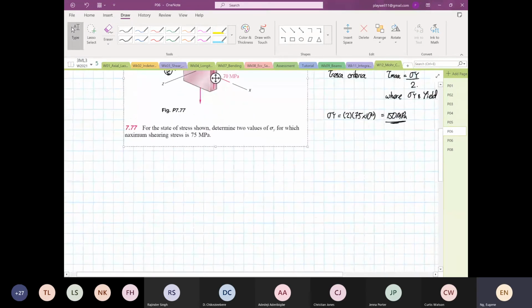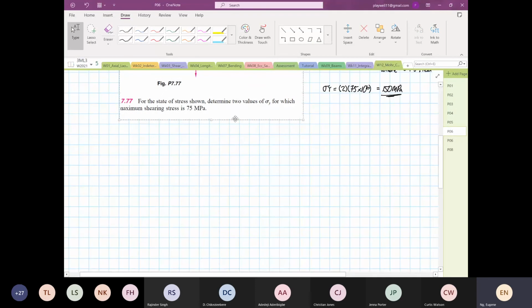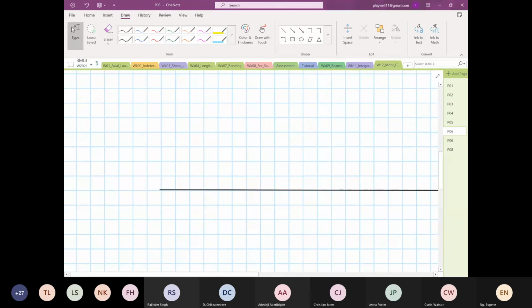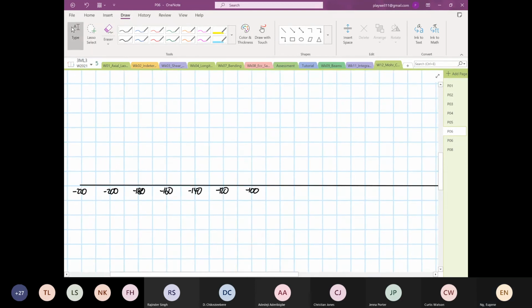So we are now going to construct a Mohr circle, a big one. So this is minus 180, 160, 140, 120, 100, minus 80, 60, 40, 20, 0.